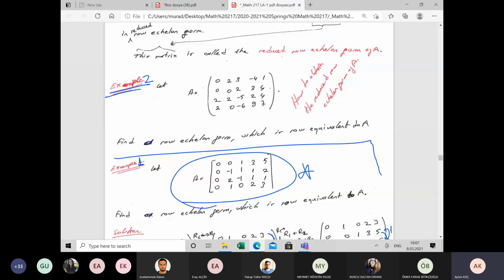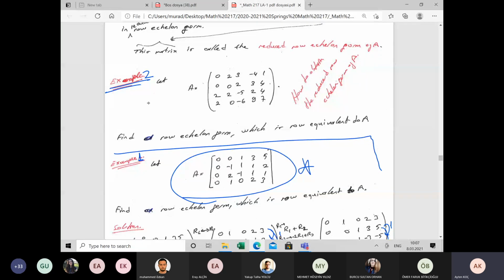So now let's consider this matrix and find the reduced row echelon form of the matrix A. Apply the same operations and we get the reduced row echelon form of the matrix. What's the first operation here? For example 2.